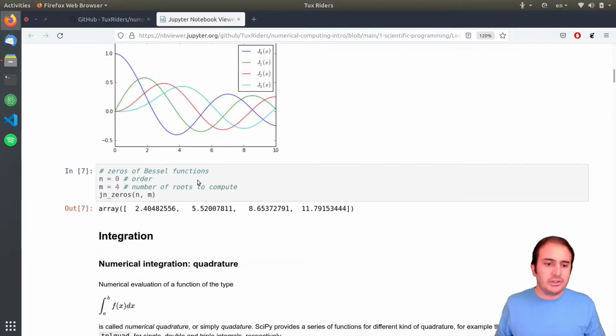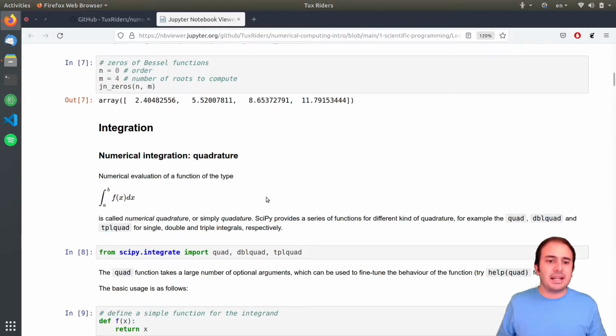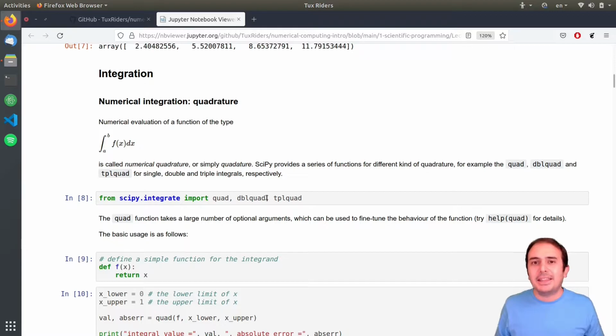And for integration here, it means numerical integration. This numerical computing is what this course is all about. I don't want to spoil it, but generally when we say numerical integration, we mean that an integral cannot be solved analytically. You know, for example, that the integral of x squared is x cubed divided by 3.